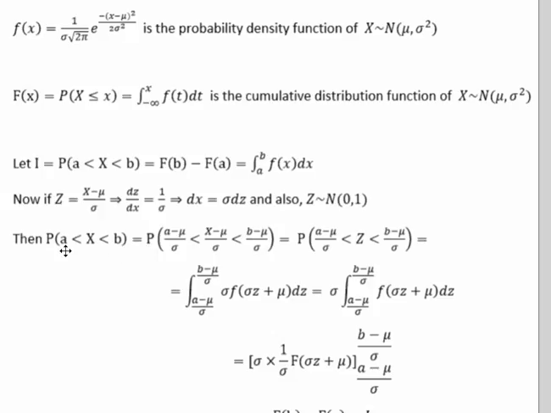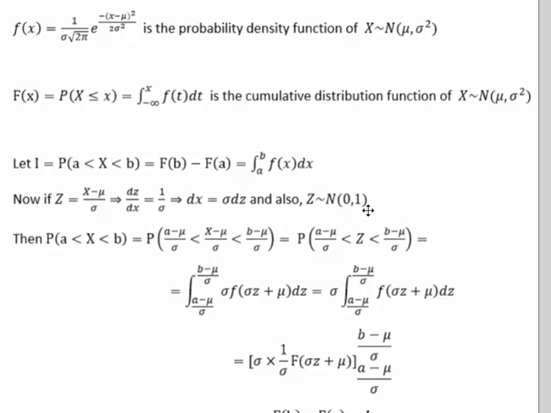Because this event, if we apply the same formula to all three things, it's actually the same probability. Because if this event happens, this must happen, and vice versa. X minus mu over sigma is what we call z, and z has the standard normal distribution.